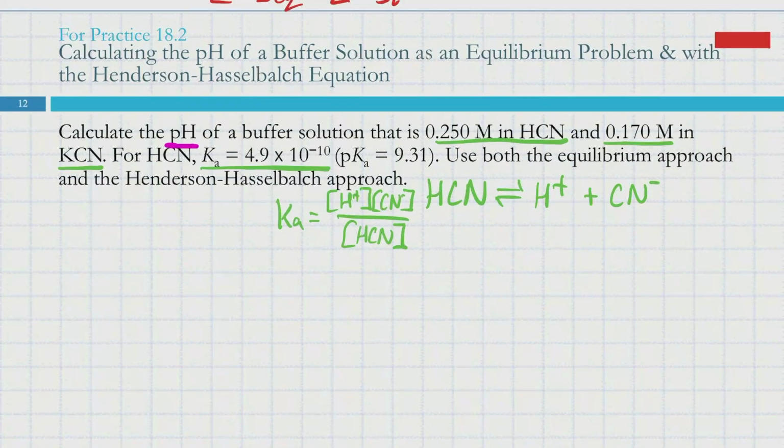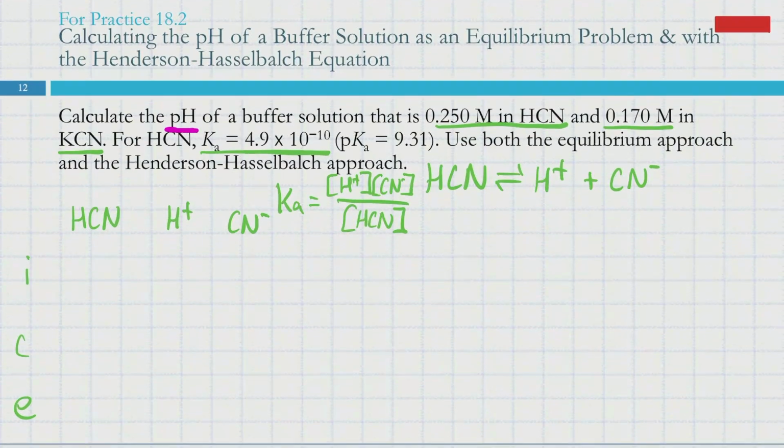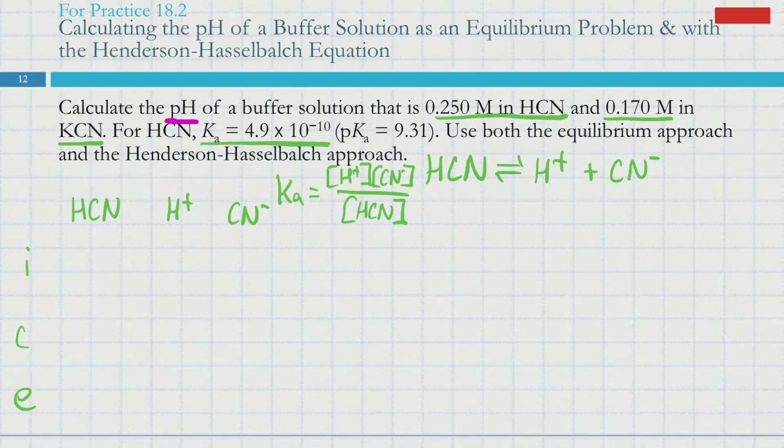And then we get to do an ice table. So we've got HCN, H plus, CN minus, our initial, our change, our equilibrium. Our initial for HCN, 0.250 molar. Our initial for H plus, roughly 0, not exactly 0, but very close. For CN minus, 0.170.